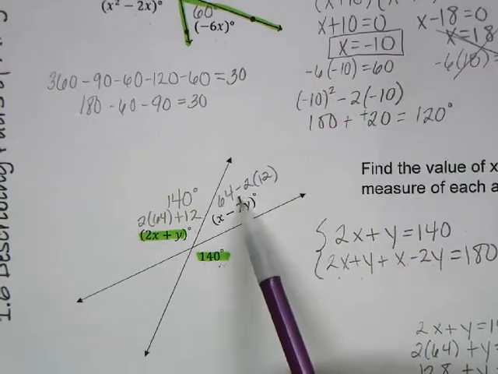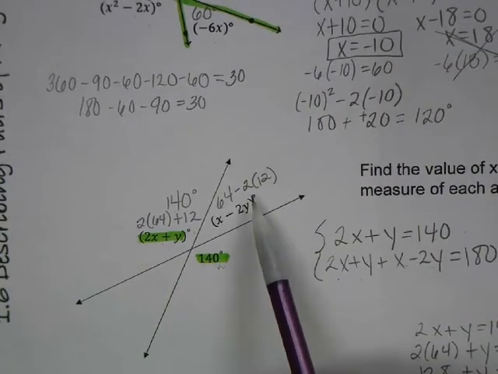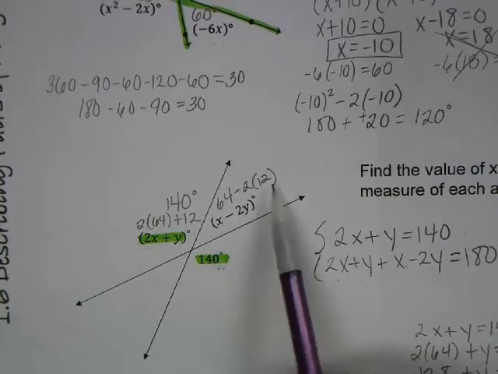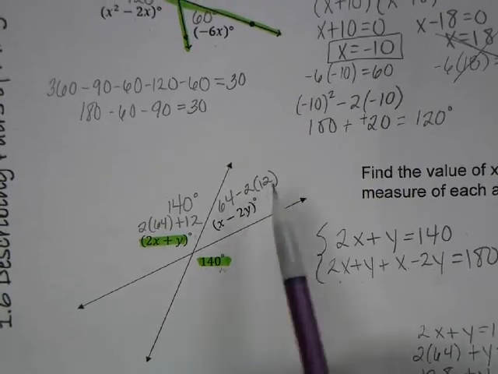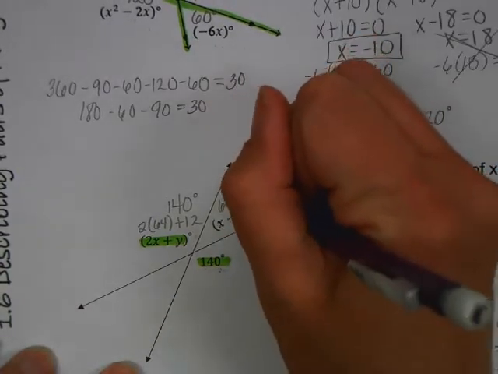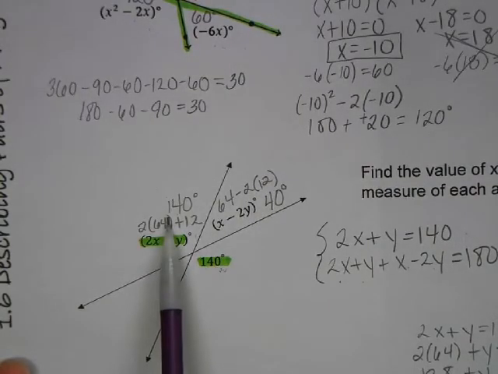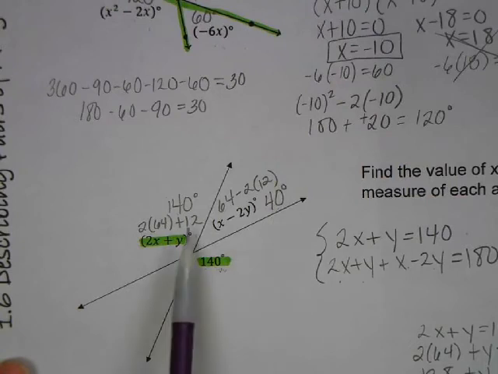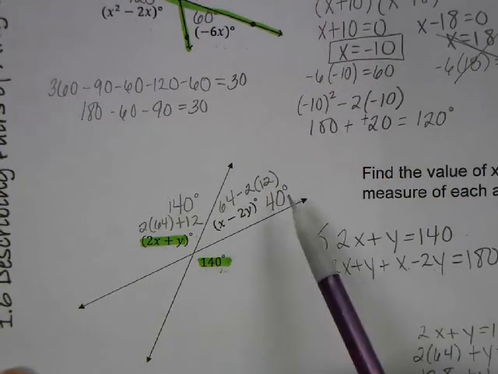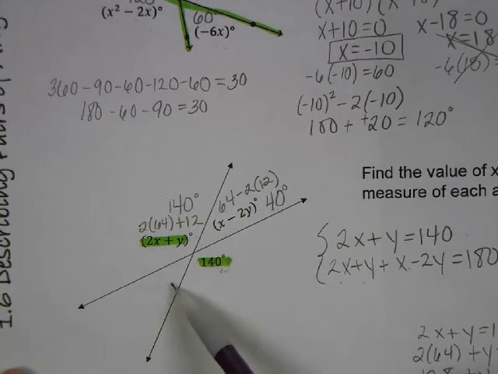So 64 minus 2 times 12. 2 times 12 is 24, and 64 minus 24 is 40. So this angle is 40 degrees, which is perfect, because 140 degrees plus 40 degrees is 180, which is what we wanted since they're a linear pair. The other missing angle is vertical to the 40 degree angle that we just found.